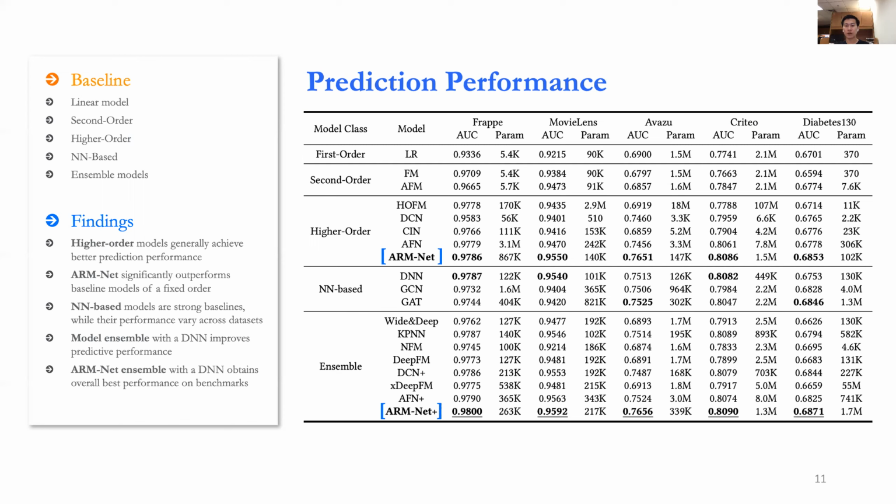Fourth, we can also find that models ensembled with a neural network consistently improve their prediction performance, which suggests that explicit modeling methods are complementary to implicit modeling with a neural network, and their combination can further improve prediction performance. And therefore we augment the modeling capacity of ARMNet with a neural network, and together the ARMNet Plus achieves our best prediction performance.